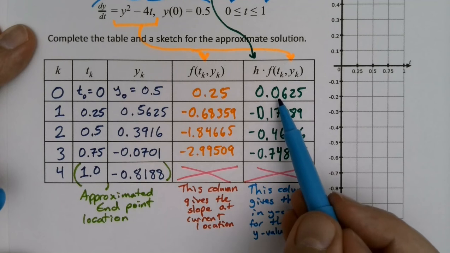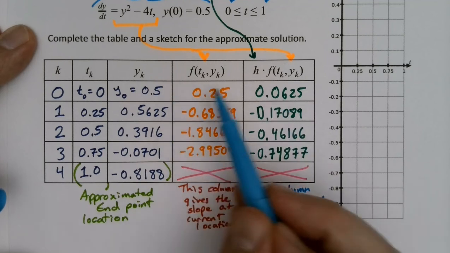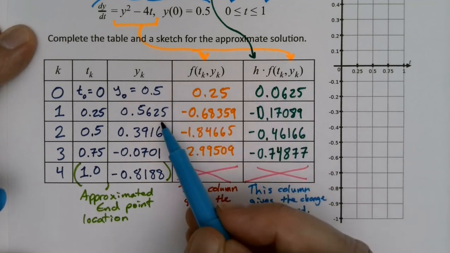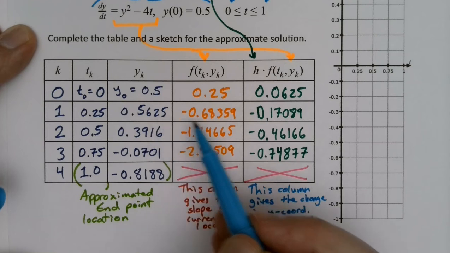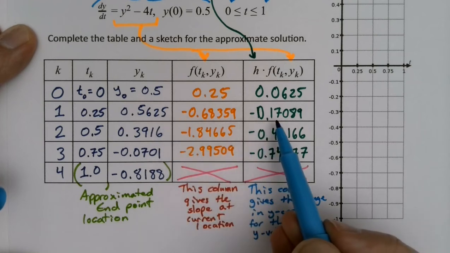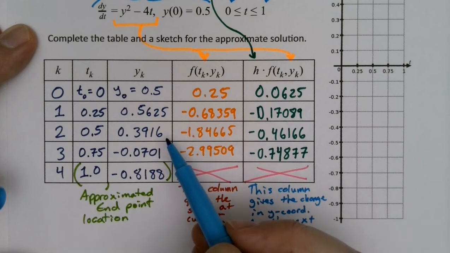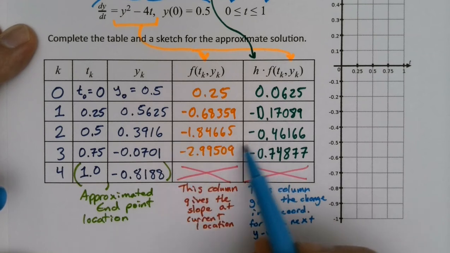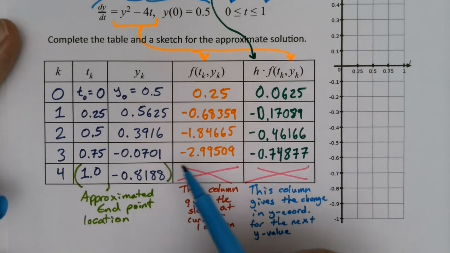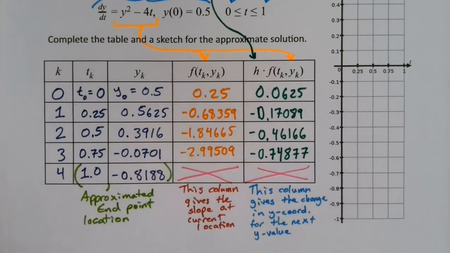So if you take your y value and you add this, you'll get here. If you take this y value and add this, which is subtraction, you wind up here. If you take that y value and add this, you get there, and so on and so forth. So this table really is set up so that we can see the calculation. Now remember, Maple doesn't give you everything, but it gives you enough.